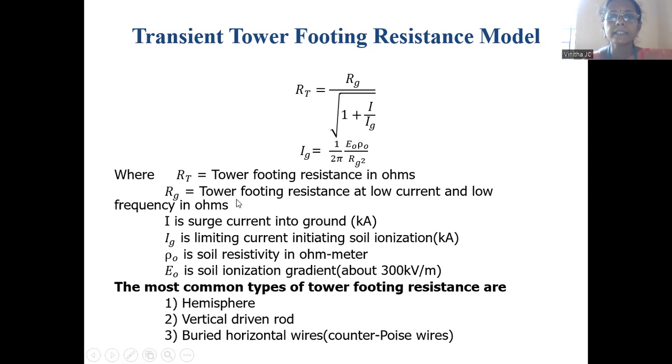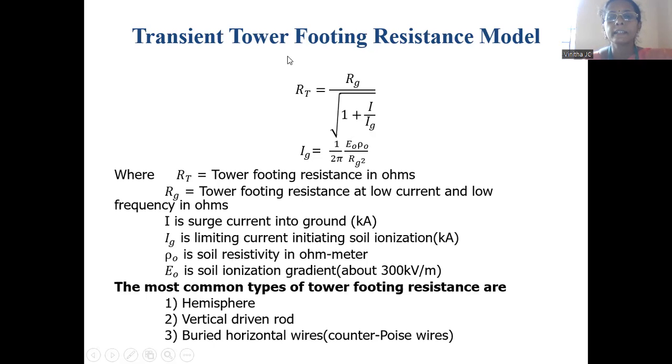Here RG is the tower footing resistance at low current and low frequency in ohms, and RT is the tower footing resistance. I is the surge current into the ground, given in kiloamps, and rho is the soil resistivity in ohm meter. E naught is the soil ionization gradient, and it will be about 300 kilovolt per meter.